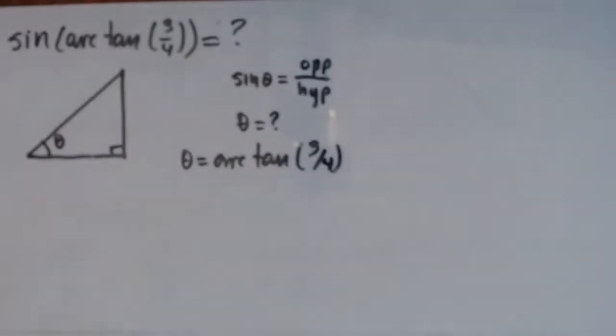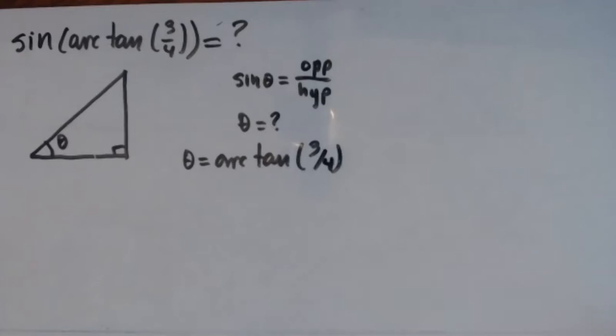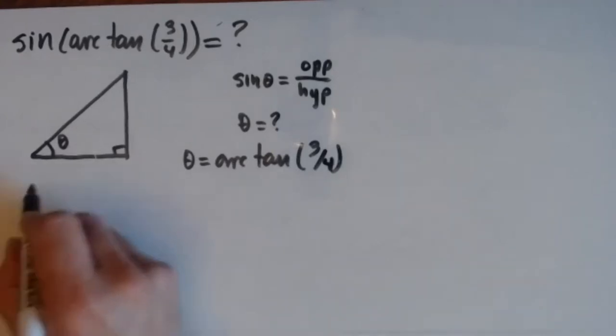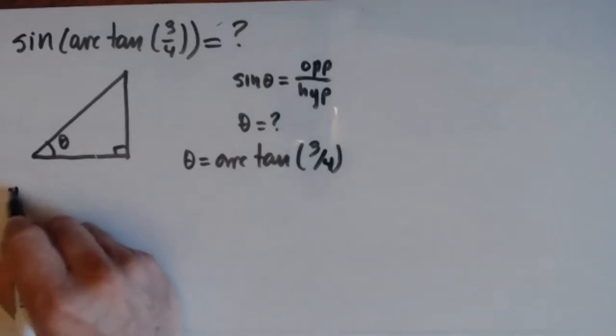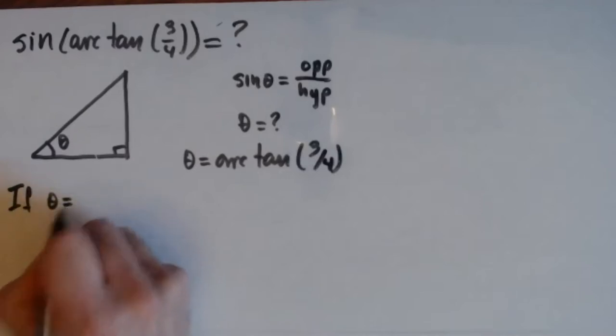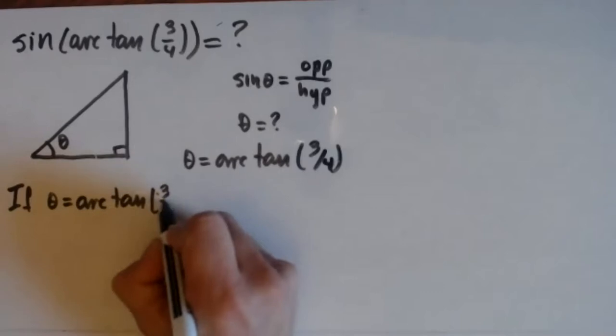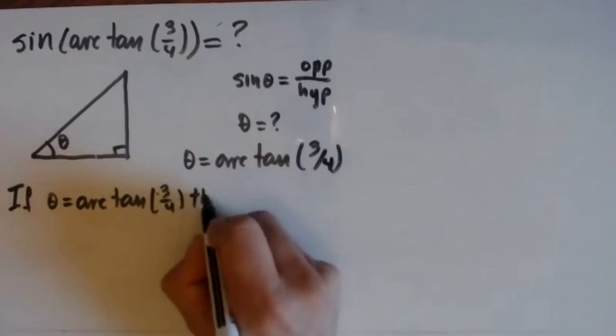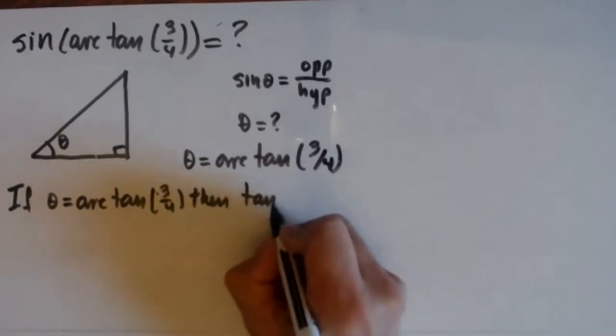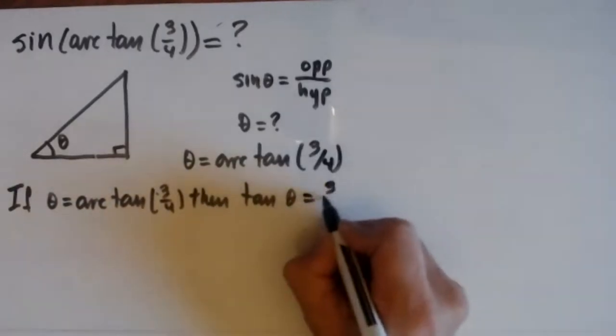And what we're going to do with that? It's very simple. This is the trick. If theta is the arctangent of 3 over 4, then tangent of theta is 3 over 4.